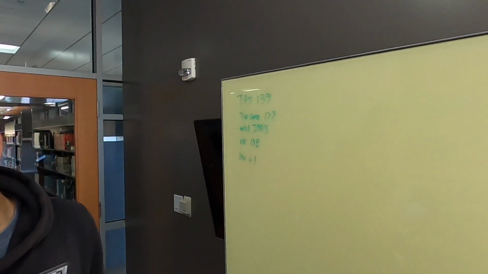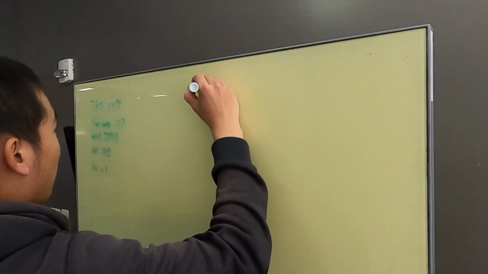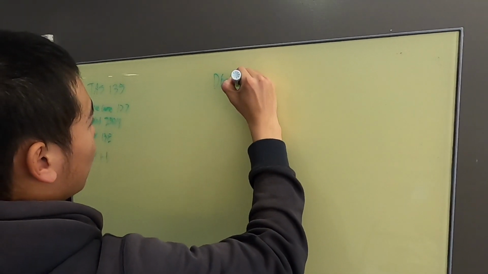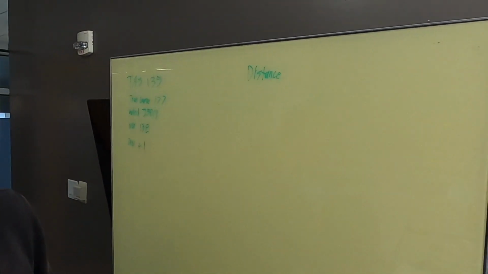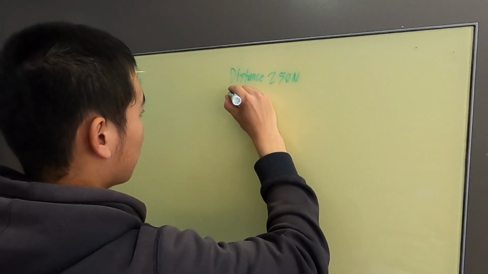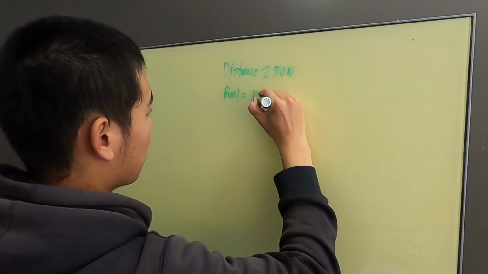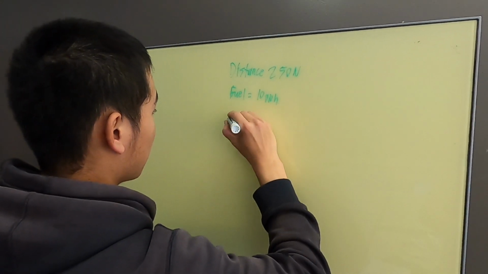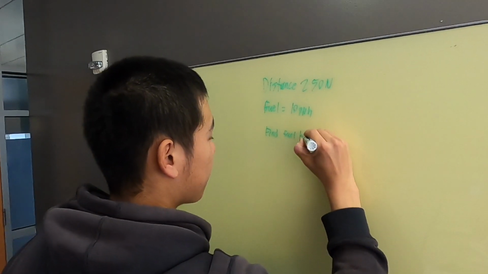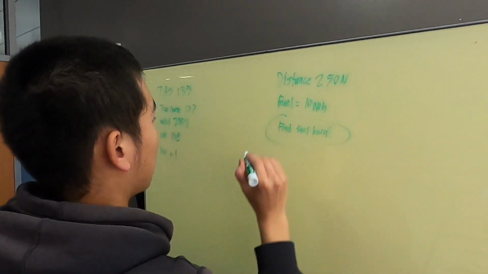After getting all these numbers, we need to find out how much fuel we're going to use for a flight that is 250 nautical miles. Fuel burn will be the thing we need to find.